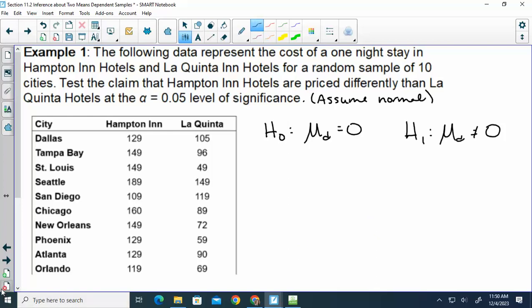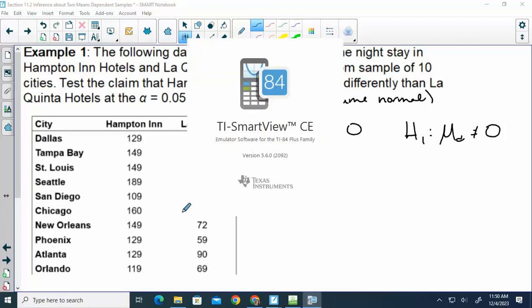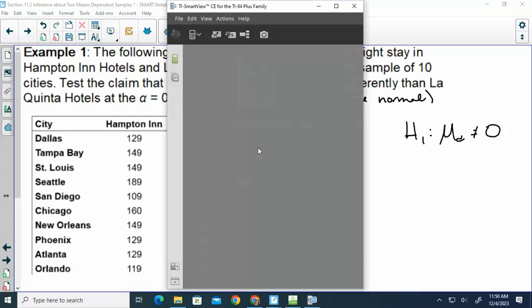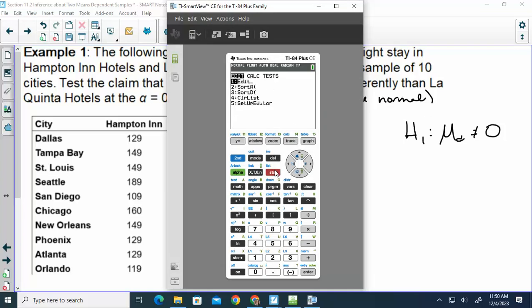To do this, I have all this original data. We need our calculator here. It's just too much to try to do it all by hand. So we're going to go into our calculator and let's enter this in our L1 and L2. So L1 needs to be all my Hampton Inn, L2 is my La Quinta Inn. We do need to make sure we are putting these in order because they're like ordered pairs because they're matched pairs.